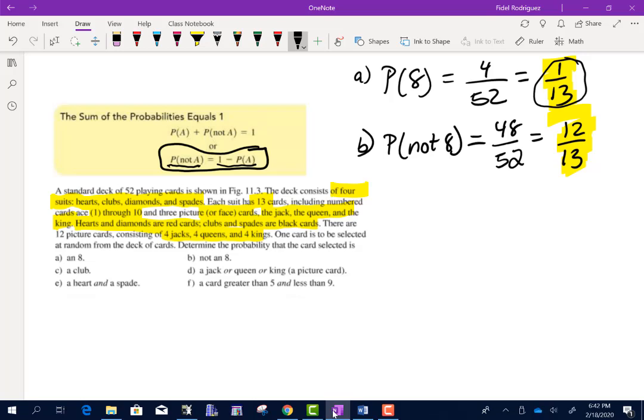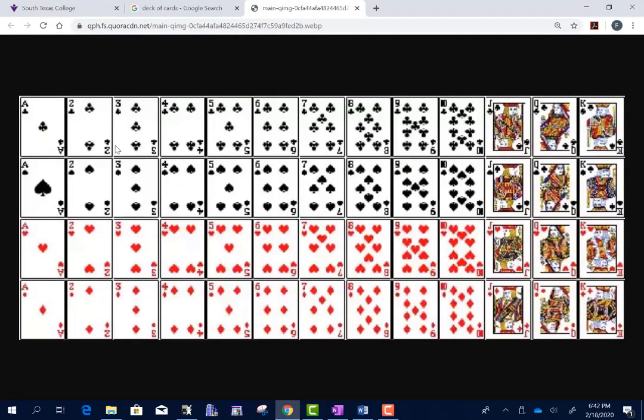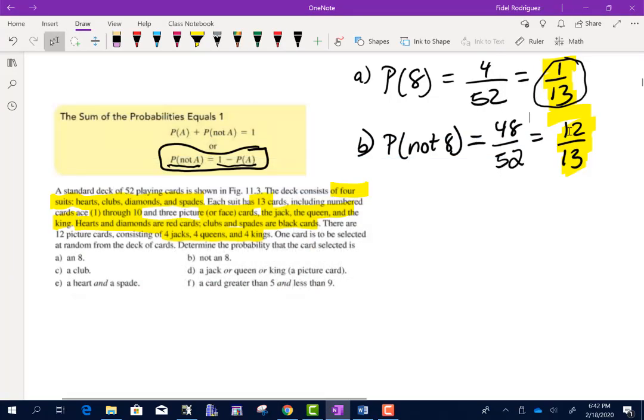What I mean by that is when I look at my picture, I'm just going to look at one of the rows. So say I'm looking at the top row. Out of those 13 cards, if one of them is an 8, how many are not an 8? Well, the other 12, right? And that's sort of the easy way you can figure this out. I mean, we did it essentially here, but then we still had to reduce our fraction, right?